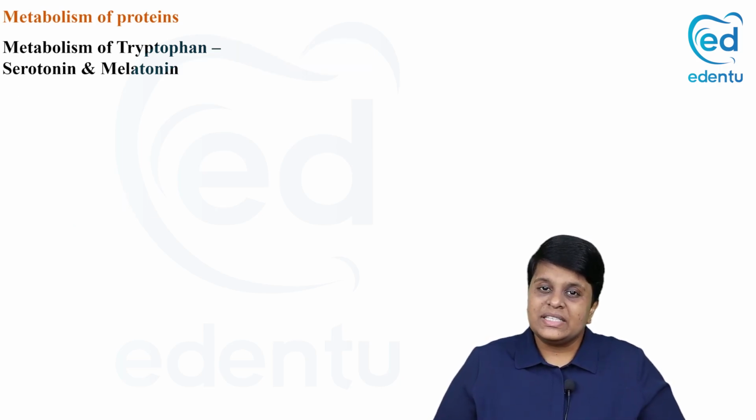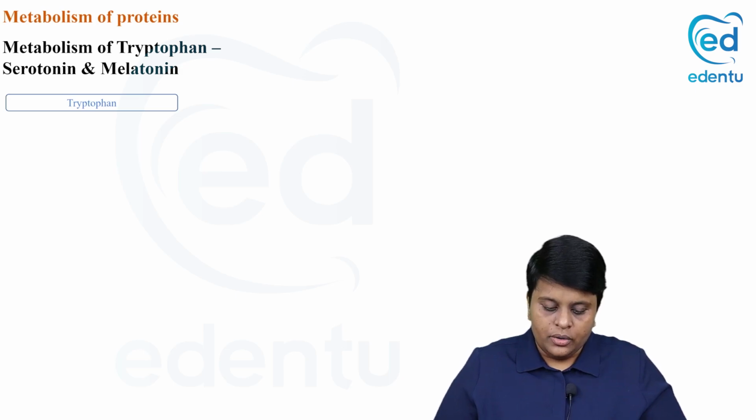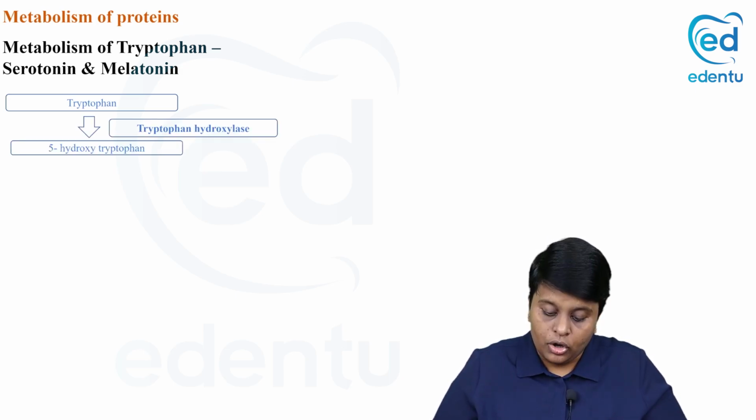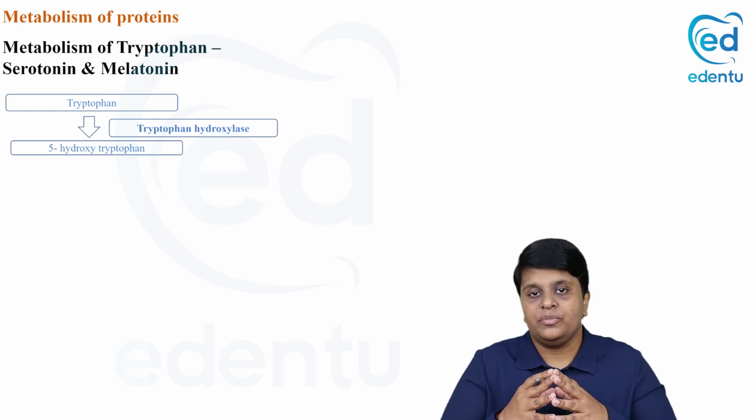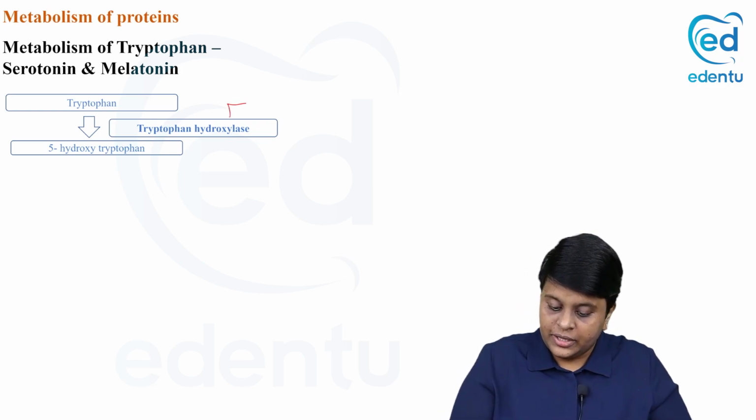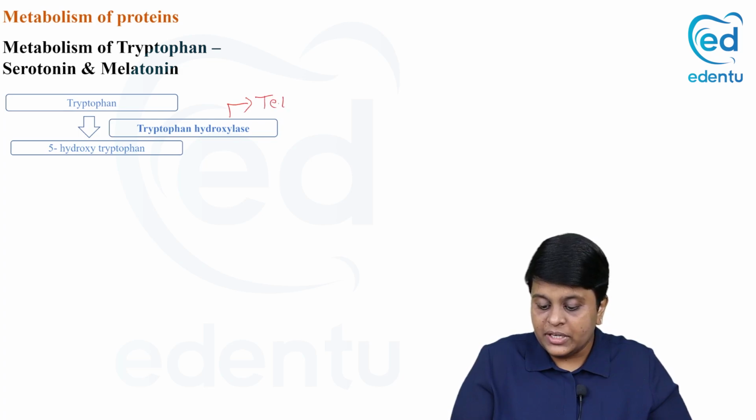The first one is synthesis of serotonin and melatonin. Okay, so tryptophan is acted upon by the enzyme tryptophan hydroxylase to form 5-hydroxytryptophan. This enzyme also, I would like to mention, the coenzyme is tetrahydrobiopterin. Hope you remember this word tetrahydrobiopterin.